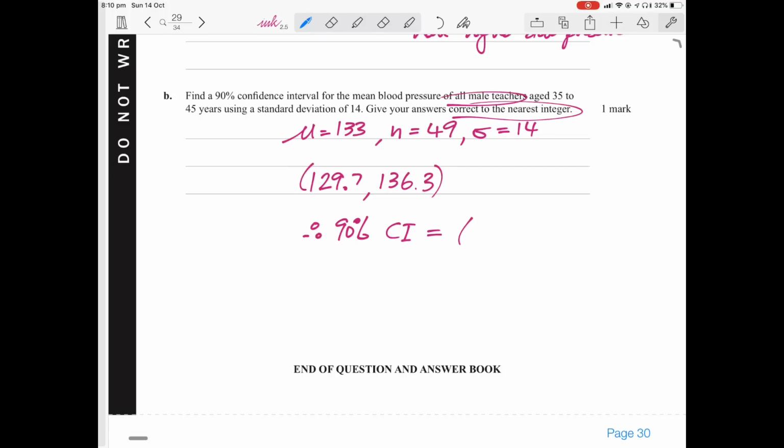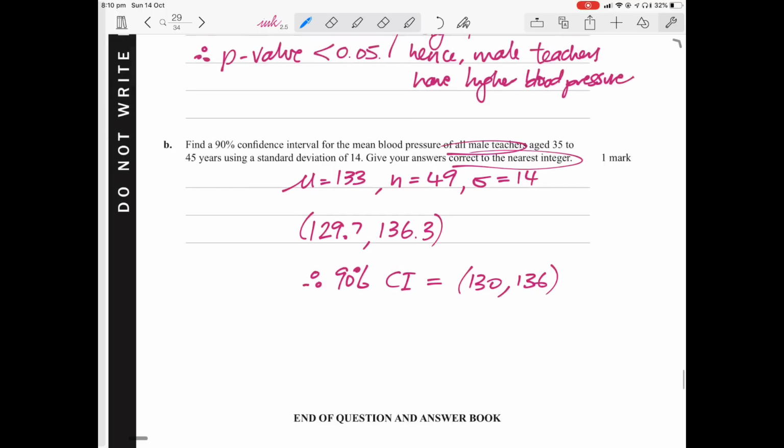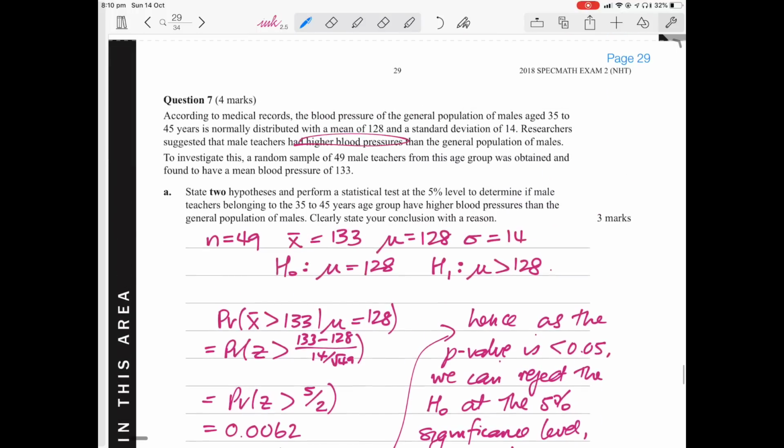So to the nearest integer, 130 to 136. And we're done. 90% confidence interval. So we did that.